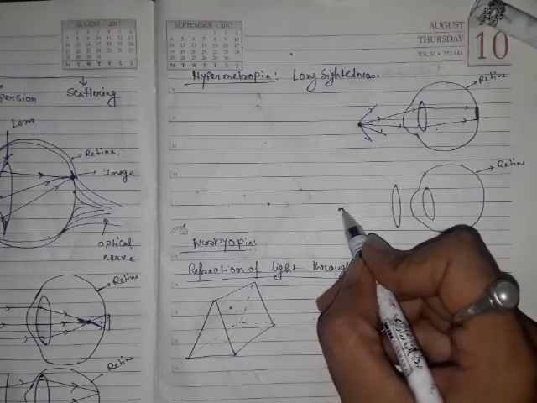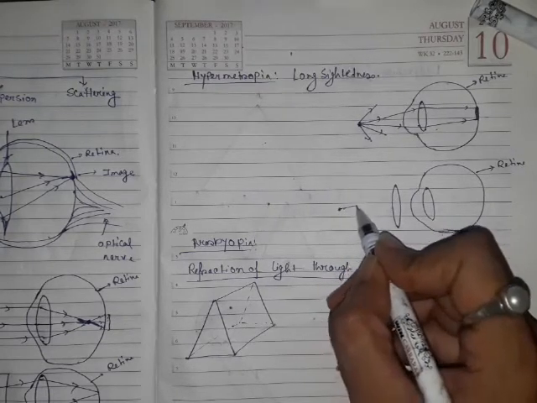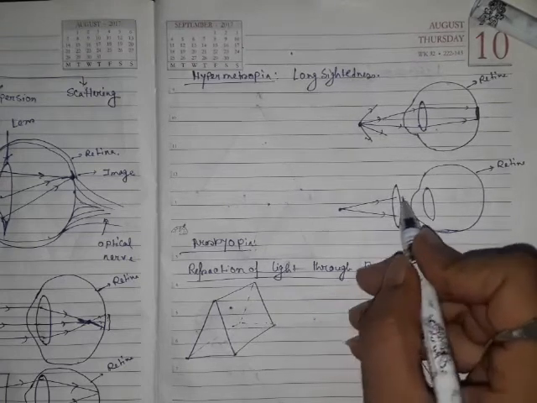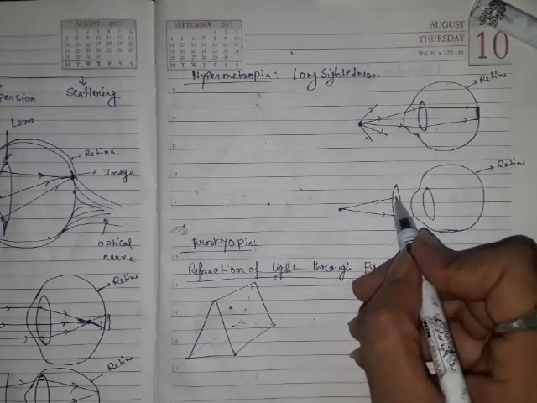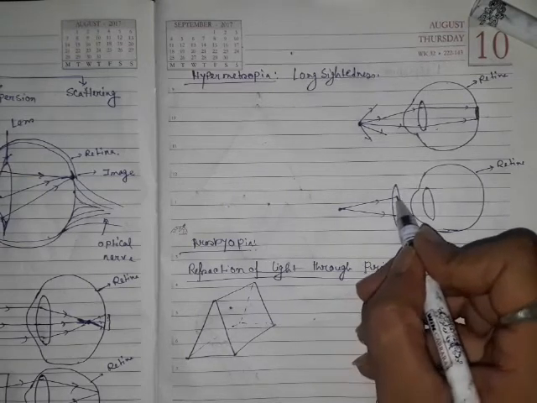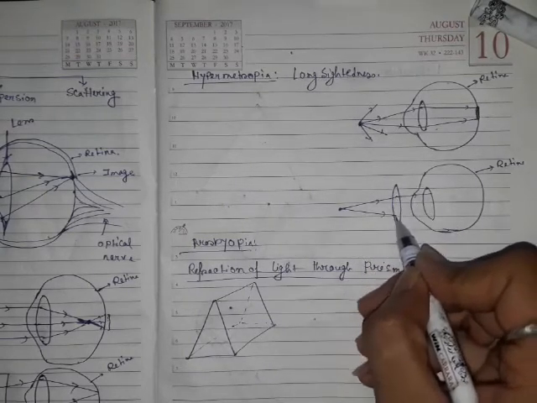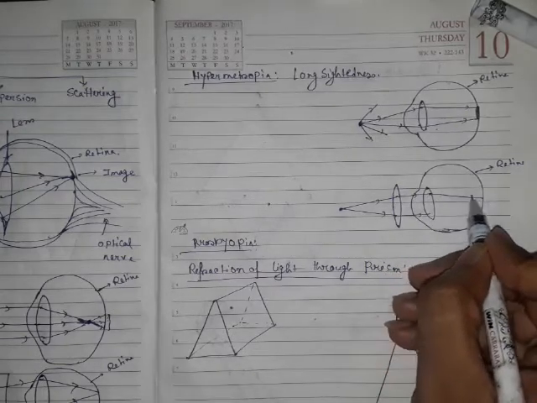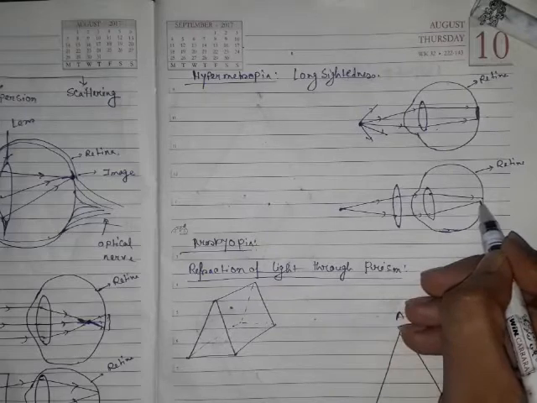So what will this lens do? This lens will partially converge these diverging rays, and the rest of the function will be done by the lens of your eye.